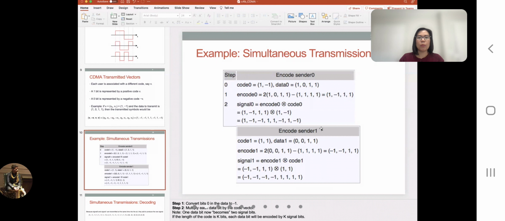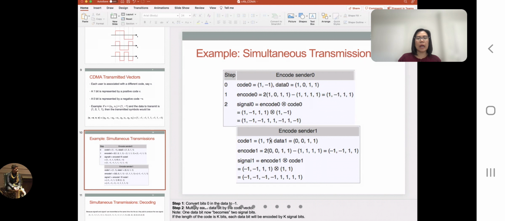And then what we do here is, given the code and the original data of each sender, we will compute the sequence of bits to be transmitted over the air for each sender, all right? Okay, so sender 0 is given the code of 1 minus 1, okay? And sender 1 is given the code 1, 1, all right?